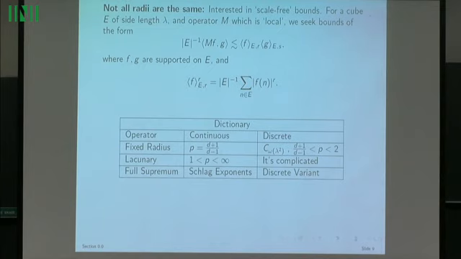Moreover, there's an arithmetic feature. In the lacunary case, the lacunary spherical maximal operator, I didn't recall it in the continuous case, but it's a well-known thing. It's bounded on LP to LP for all P. And the situation in the discrete case is complicated. There are different results, and there's not yet an overarching story on that line.